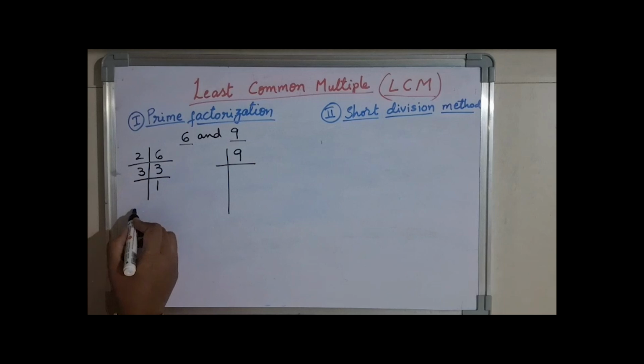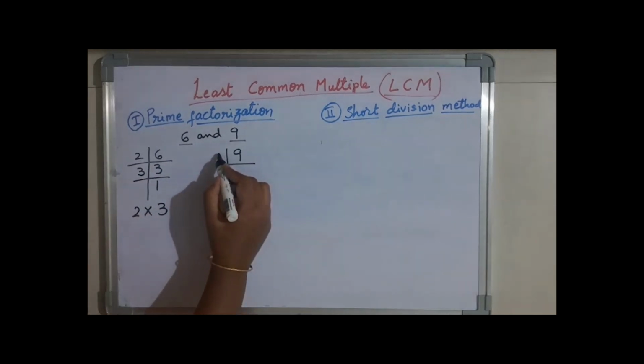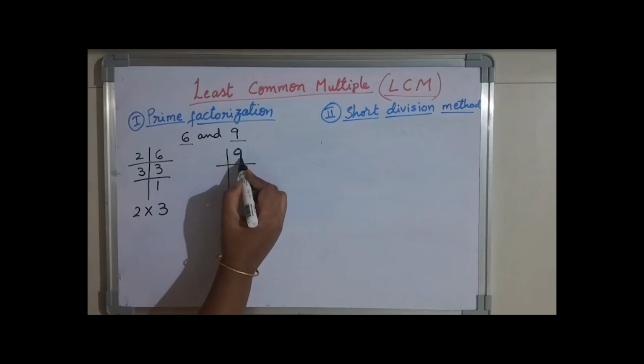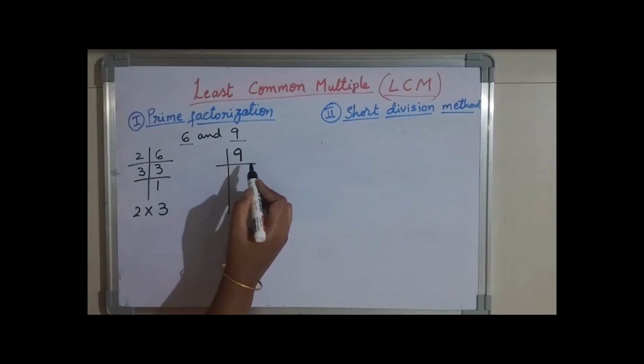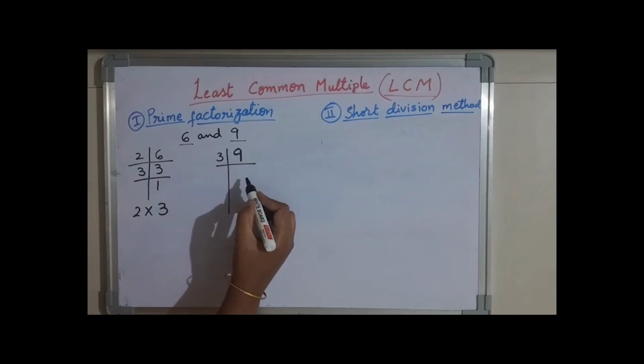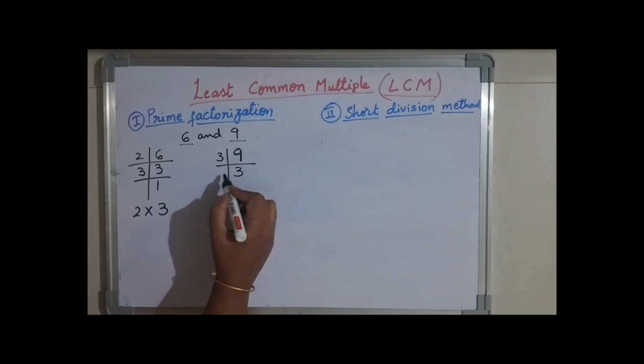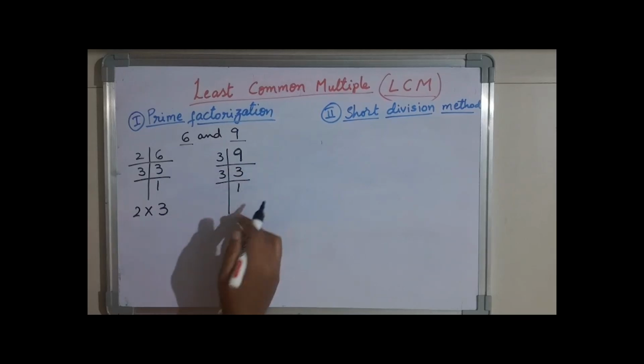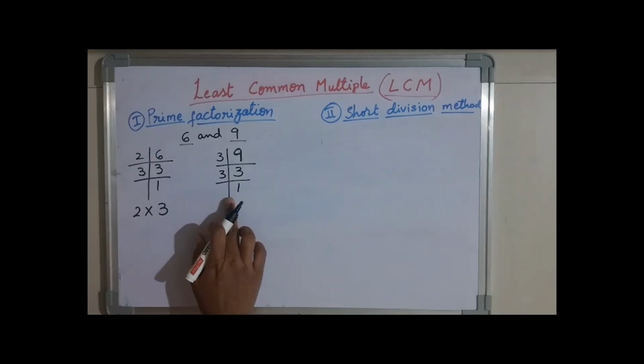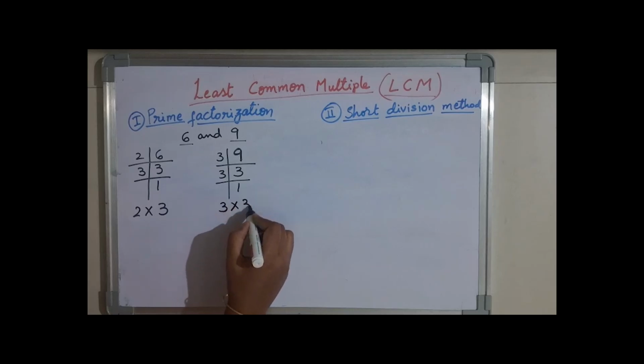So here we got 2 into 3. Similarly, 9 is not divisible by 2, so we take 3 3s are 9 and 3 1s are 3. The prime factorization of 9 is 3 into 3.